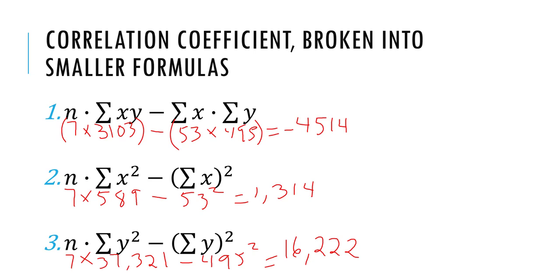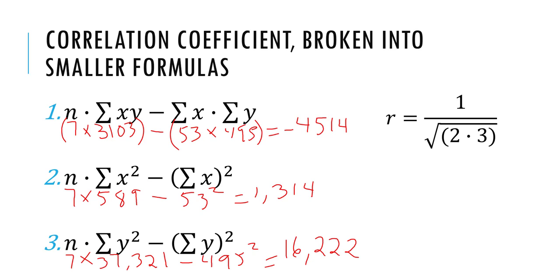You can pause this video at any moment, get your calculators and work it out just to make sure that we're getting the same answers. After you have 1, 2, and 3 completed, remember our correlation coefficient? Well, I just broke it down into 1 divided by the square root of 2 times 3.